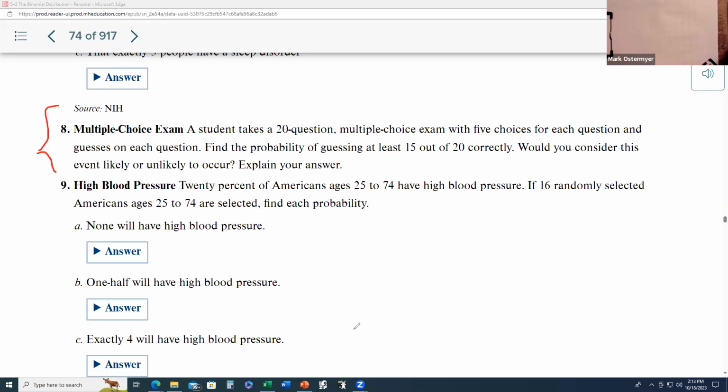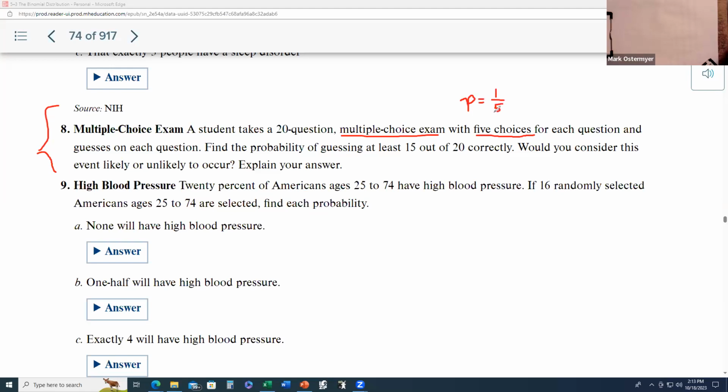I'm going to help you out a little bit here. Ladies and gentlemen, it's a 20-question multiple choice exam, and there's what, 5 choices, correct? Of the 5 choices for each question, how many choices are the correct choice? 1 out of 5. 1. So what's the probability of a success of guessing any one of these questions correctly? 1 out of 5, right?